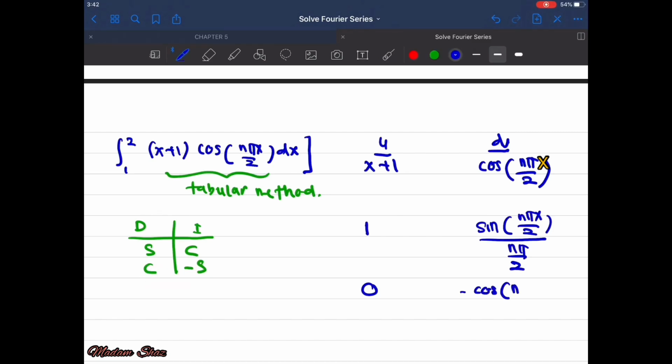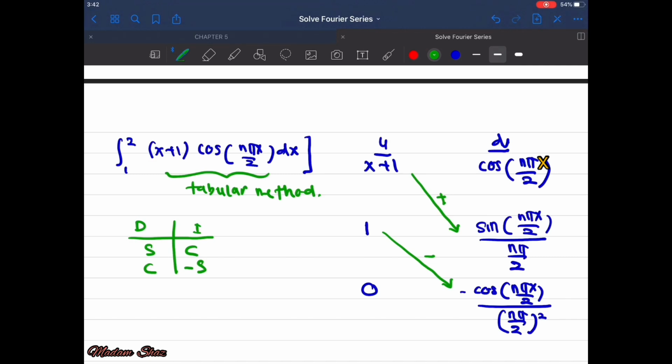Negative cos n pi x over 2 divide with n pi over 2, differentiate one more time, this one will become n pi over 2 the power of 2. So now apply the tabular method, cross multiply, first arrow positive, second arrow negative.